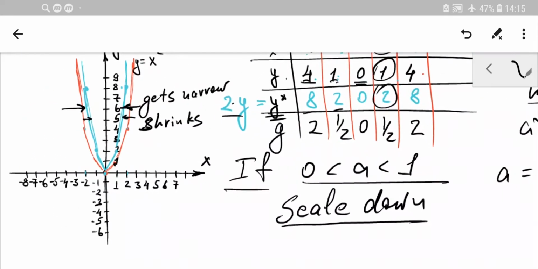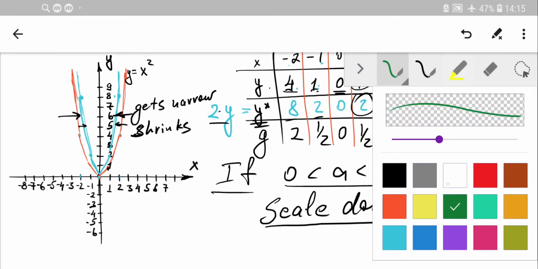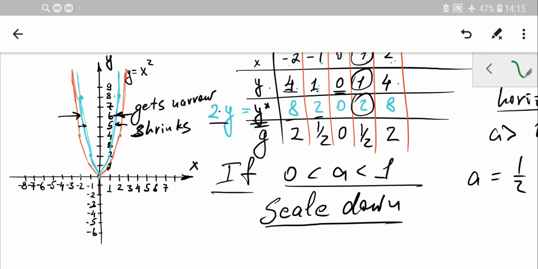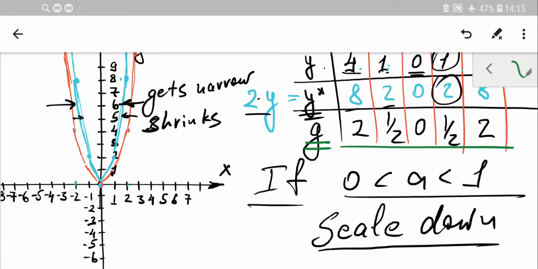However, what will happen to the parabola graphically? So I'll use green color for that and let's try to depict all the values, just making a sketch of that. Okay, so we got 2, 1 over 2 and 0.